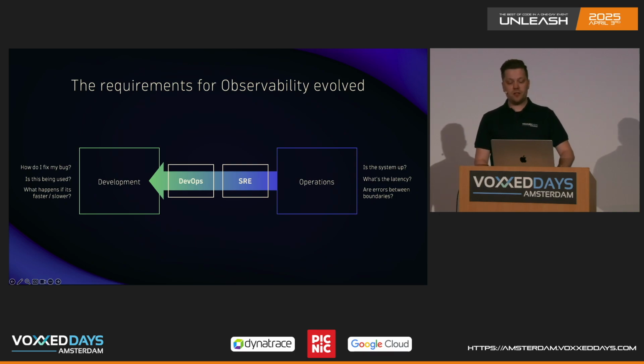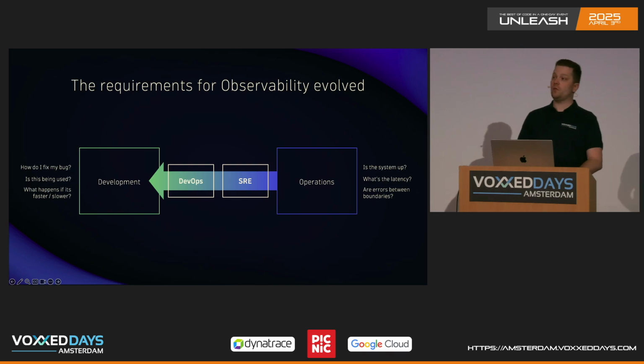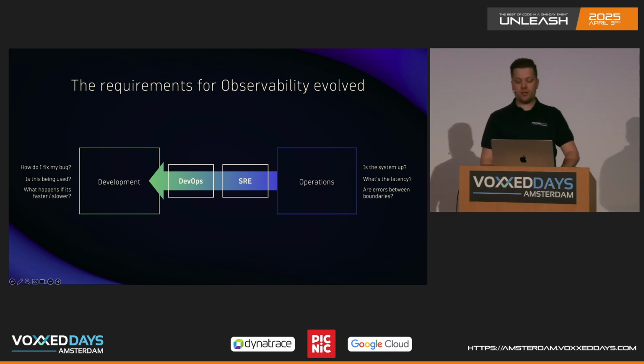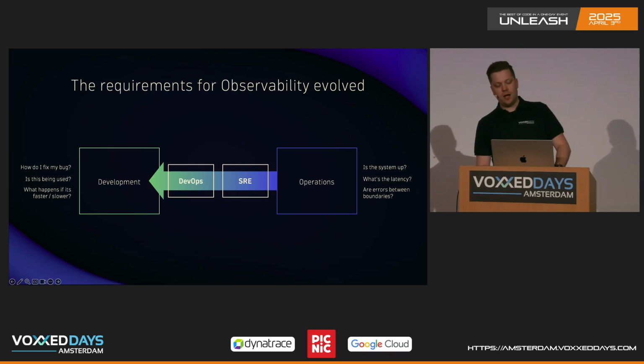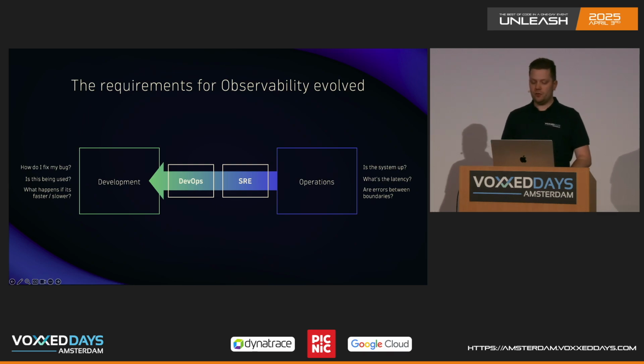Now we have SREs, platform engineers, and also developers who are at the core of what an observability platform wants to benefit from. So speaking of developers, they ask different questions. Instead of asking what's the uptime and what's the latency, the question is, how do I fix my bug? Is my feature being used at all?